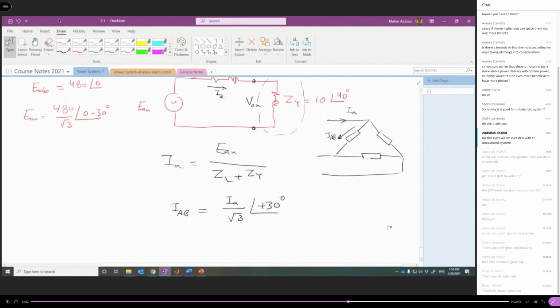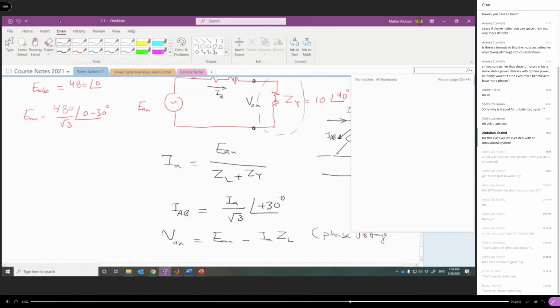So we get this equation. VAN is equal to EAN minus IA times ZL. And this is the phase to neutral voltage, phase voltage. Let me write it like this. This is phase to neutral.